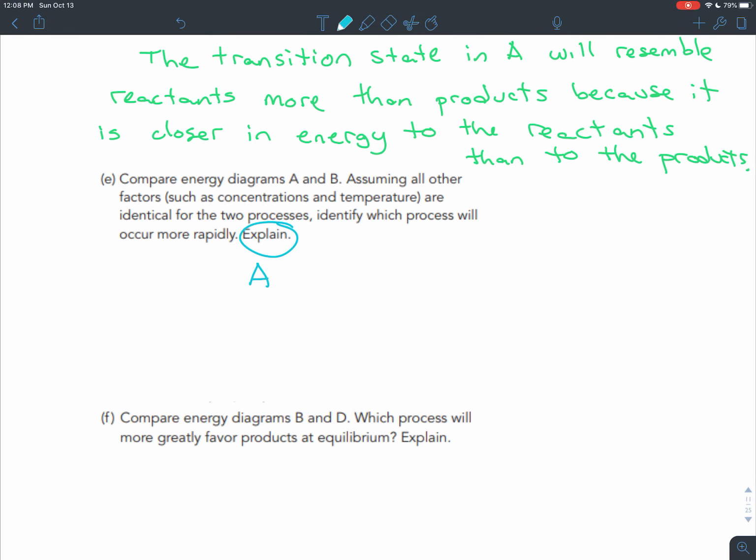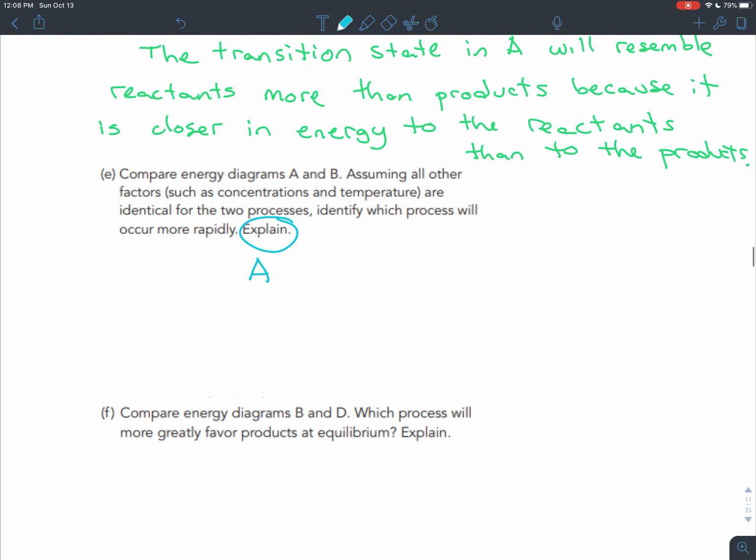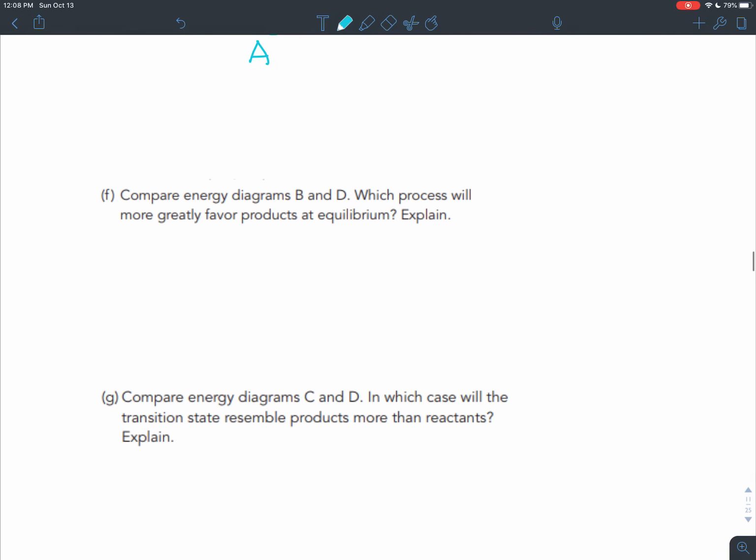In other words, the activation energy is smaller for A, so reaction A happens faster.